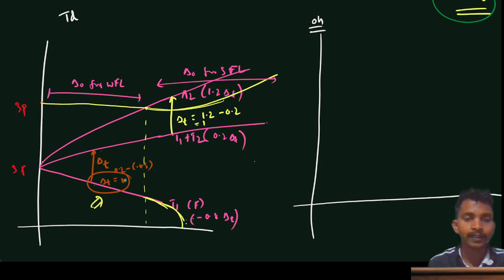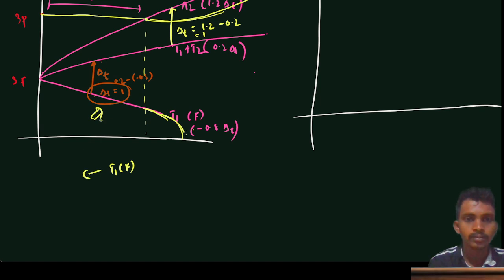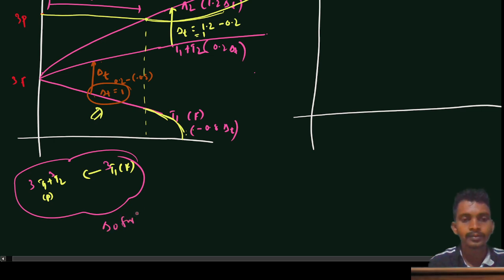For weak field ligands the transition is from T1 F2 to T1 plus T2, this is T1 P. Okay, so this is the delta T for weak field ligands.